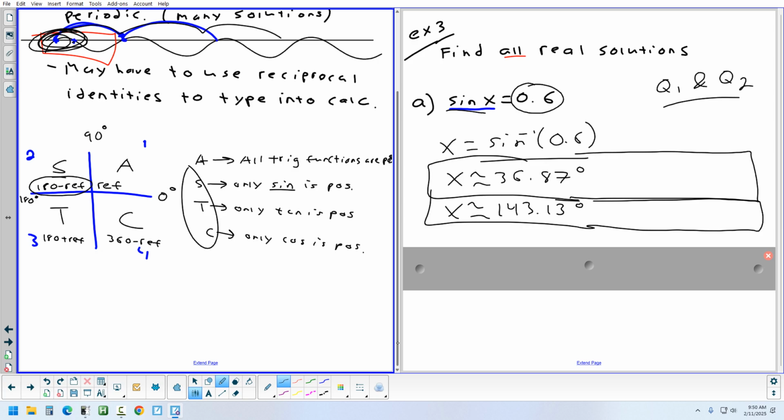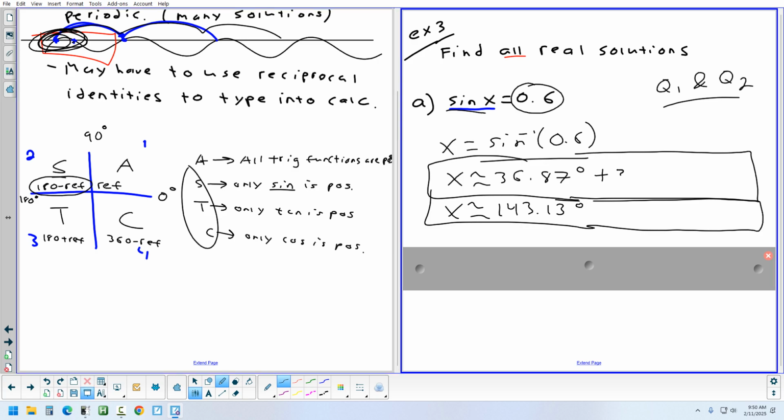Technically, you could use anything. But that's not quite what we would want to add onto the end. This is in degrees, so it'd be plus 360 degrees times k.